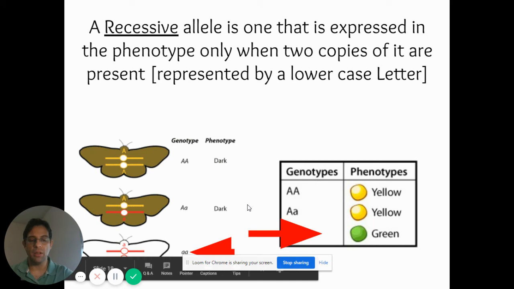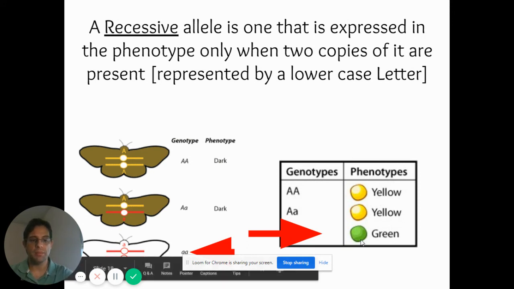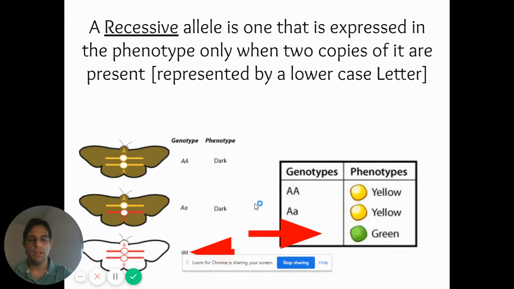So the only way I can express my recessive trait is when I have genotypes only for my recessive trait. If there is anything that codes for dominance, a dominant characteristic will show up.